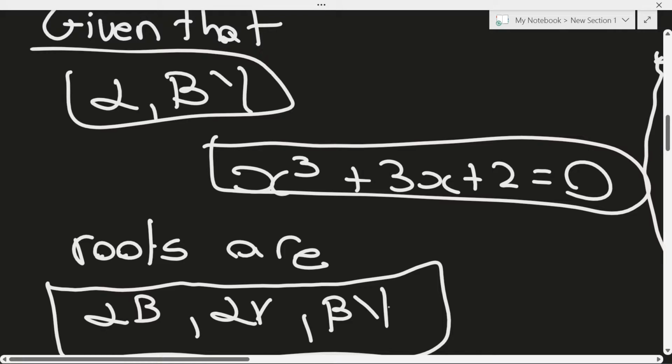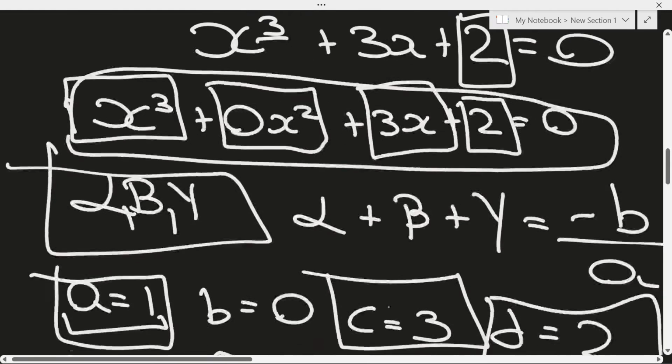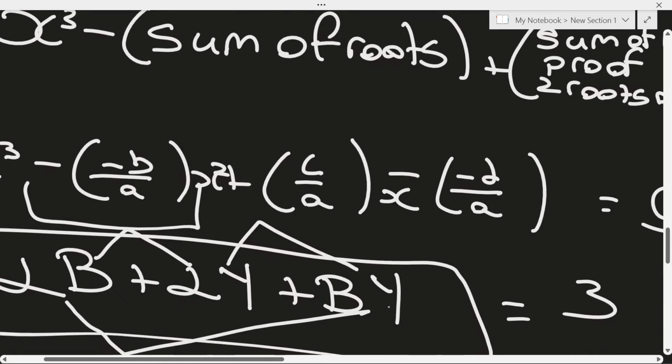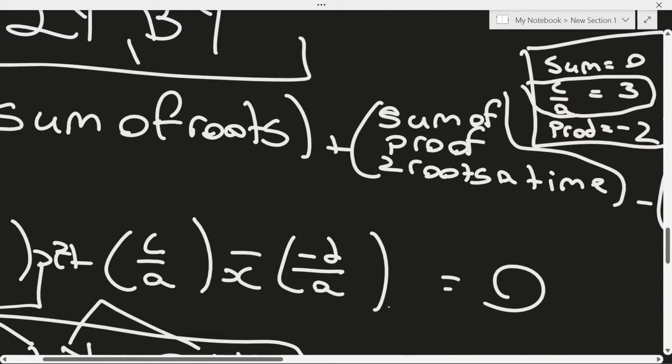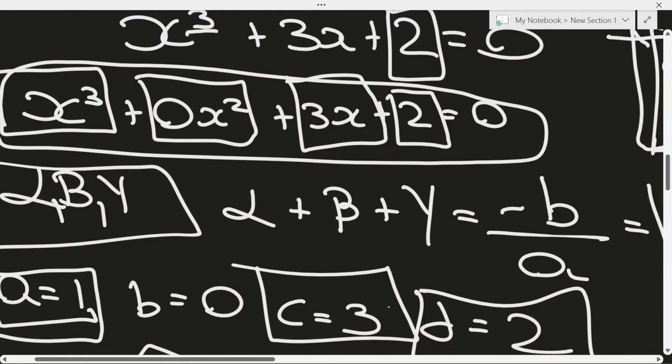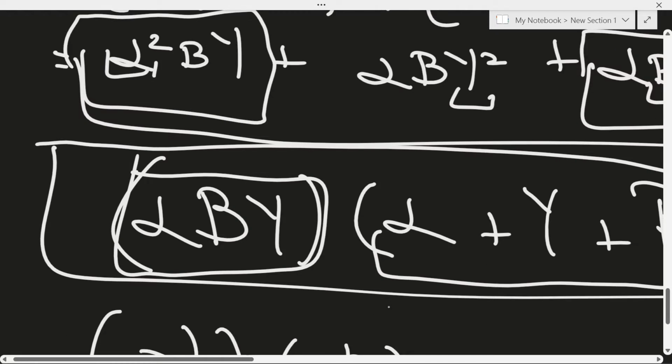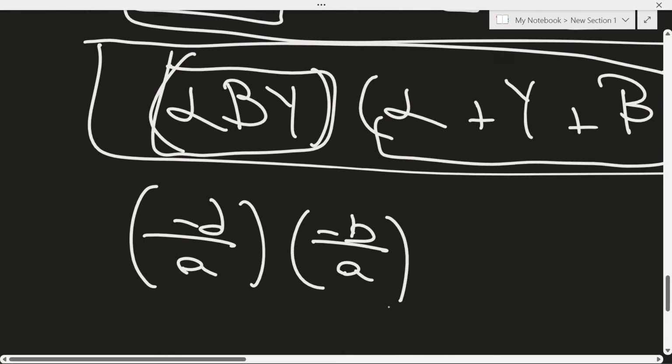Because we're using alpha, beta, gamma, we can break this equation down using the same format that I gave you earlier, where we have x cubed minus the sum of the roots. If we use both of these, we'll be able to get a new equation whose roots are what we just described.